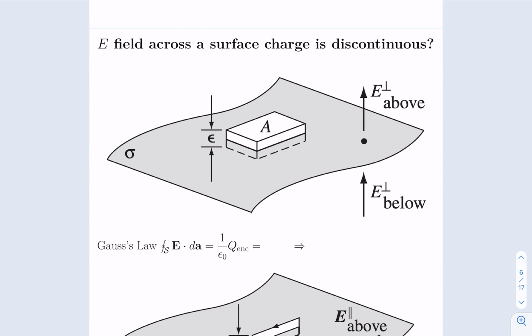The volume contains the total charge Q enclosed, which is sigma times A, and the E flux is the E field above minus the E field below. So the E field above minus the E field below immediately arrives at 1 over epsilon naught times sigma.